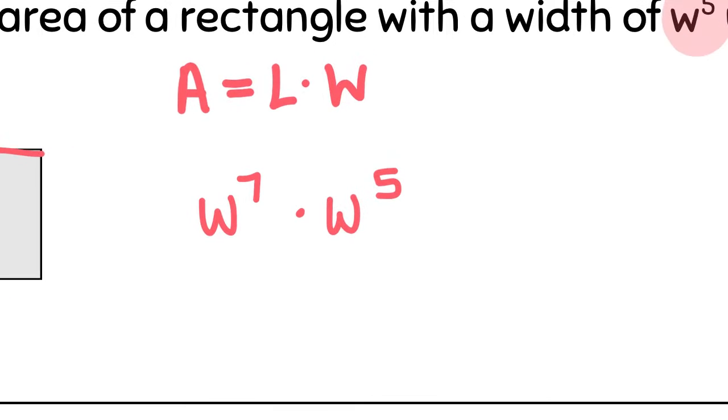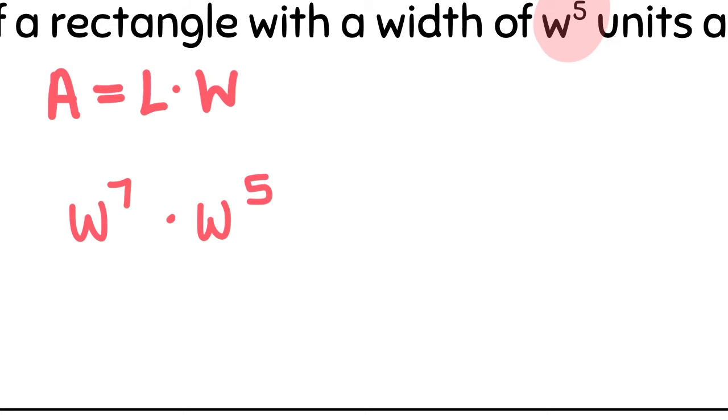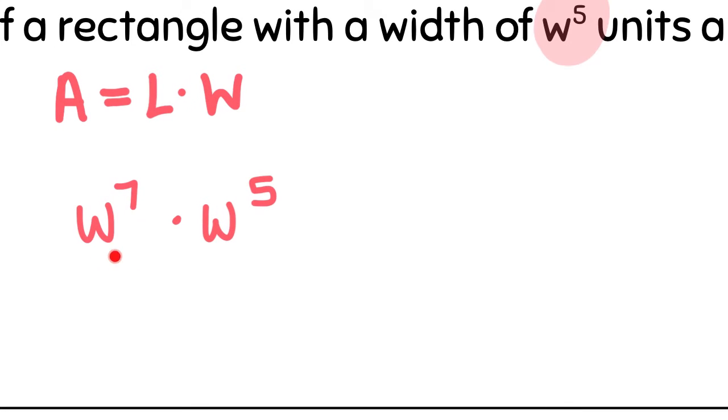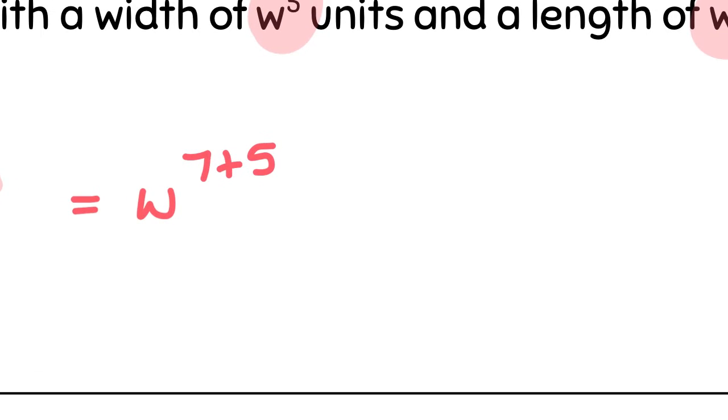According to the product property of exponents, since they are the same variable, they have the same base, all I need to do is add up those exponents. So this would be w to the 7 plus 5 power, which when you add up those numbers, gives us w to the 12th power. So the area of that rectangle is w to the 12th power.